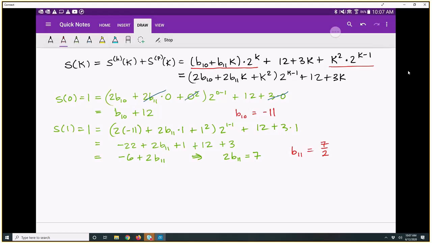Now I've solved for all of my coefficients, and I'm ready to write my final solution to the recurrence relation.